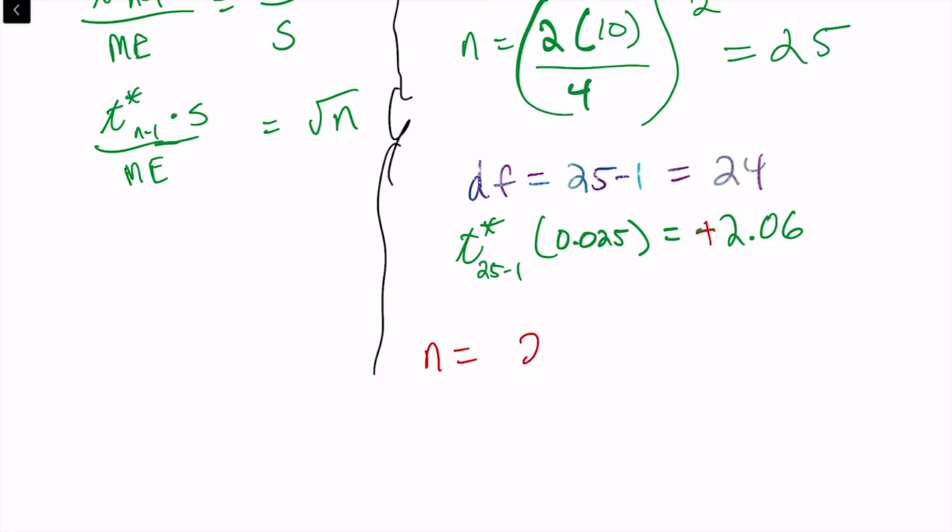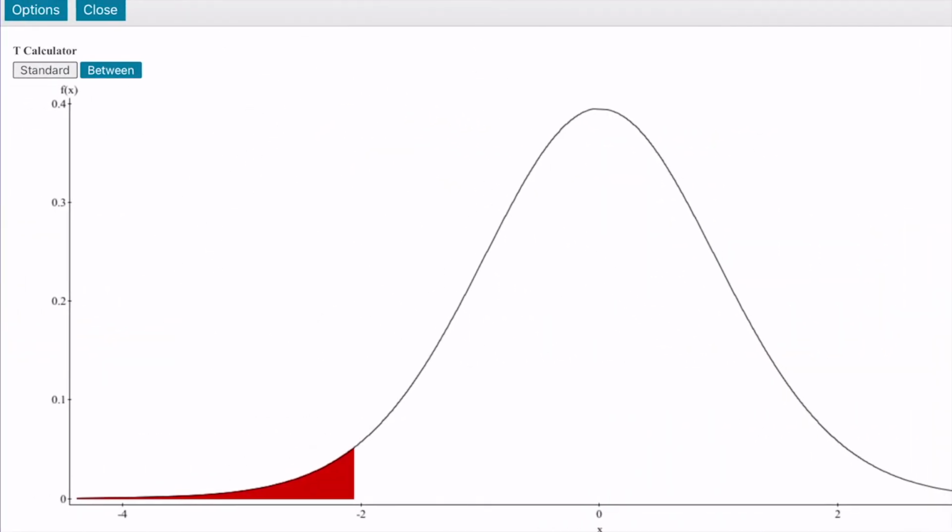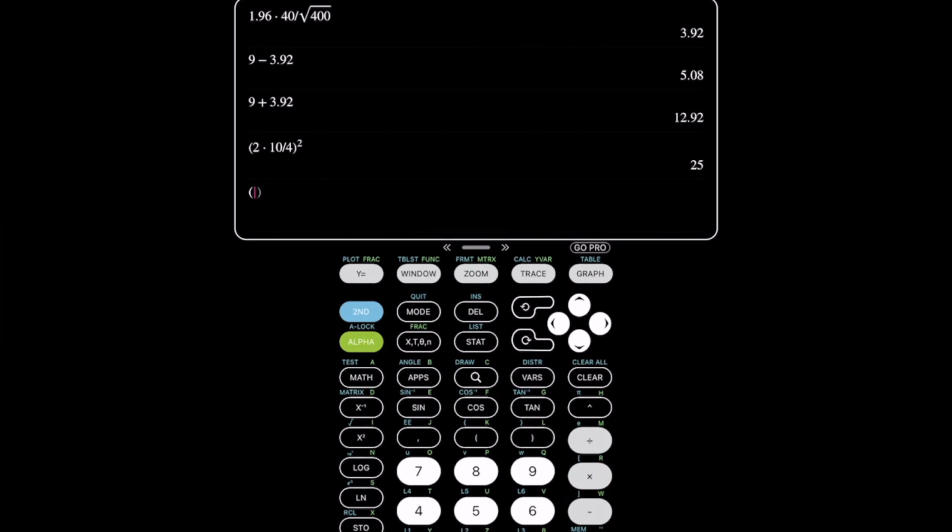So we're going to do 2.06 times 10 divided by 4. So that was the t-score times the standard deviation divided by the margin of error, squared. And that's going to give us our answer. So we do open parentheses, 2.06 times 10 divided by 4, quantity squared. We get 26.52.